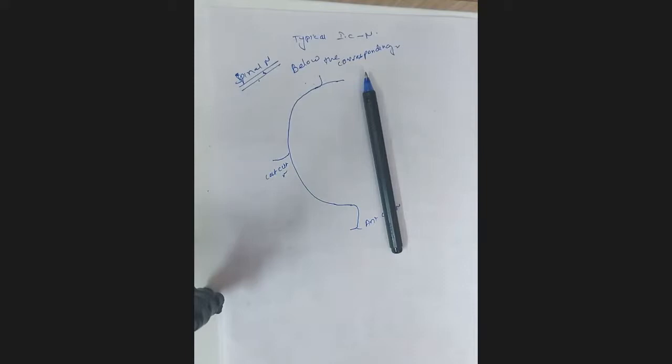It will give a posterior cutaneous branch, a lateral cutaneous branch, a muscular branch, an anterior cutaneous branch, and a pleural branch. It will also give gray and white rami communicantes and communicate with the sympathetic ganglion.